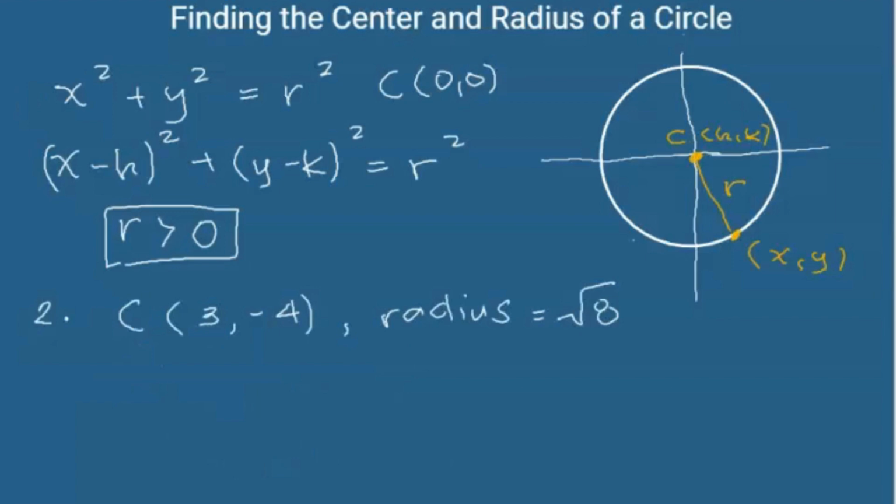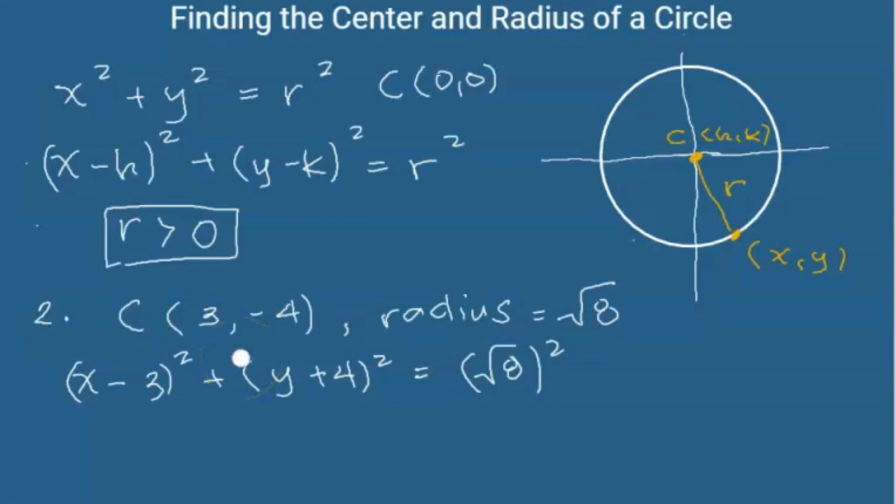Let's have another problem. Find the equation of a circle whose center is at (3, negative 4) with a radius of square root of 8. In this case, we're going to use the second one. So that would be (x minus h, which is 3) squared, plus (y minus negative 4), so that would be plus 4, squared, is equal to the square root of 8 squared.